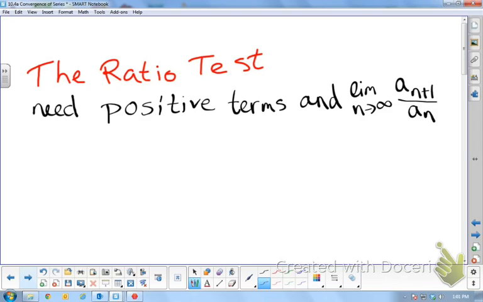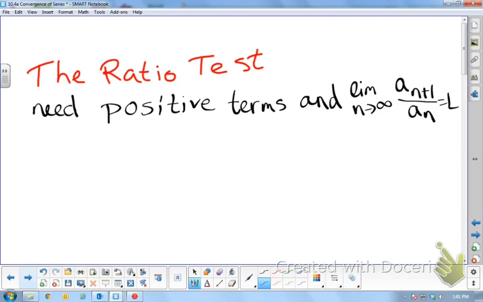So the next term over the term before the next term. I don't even know how to say that really. But n plus 1 is just after n, the term after n, to equal a number. Your number's L. L just stands for limit, equals some limit.